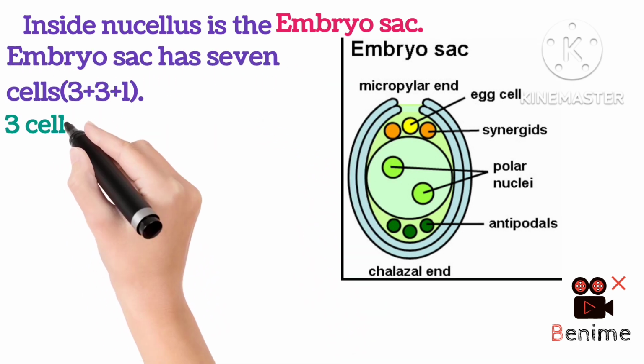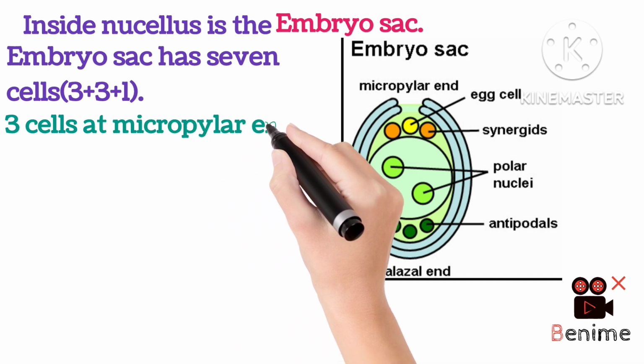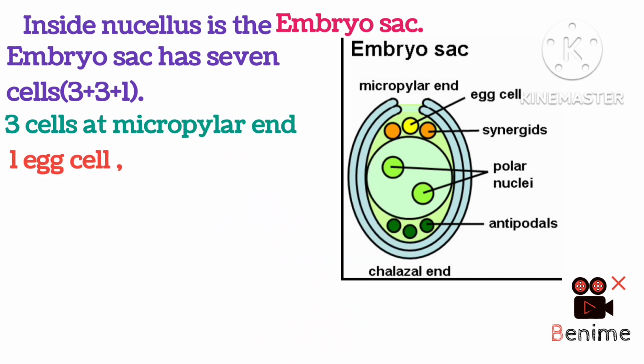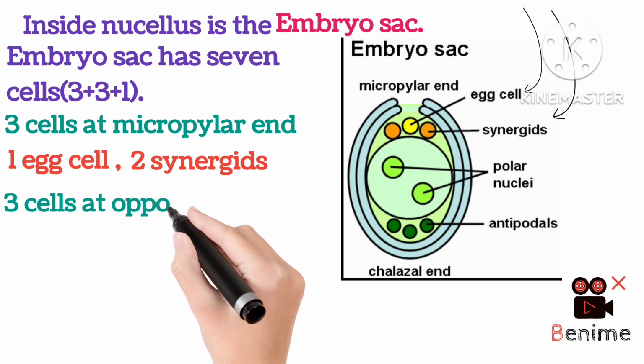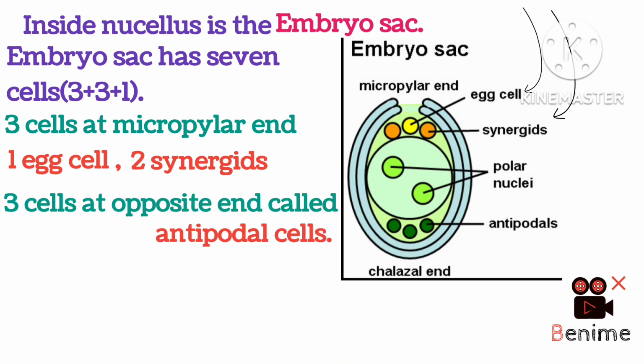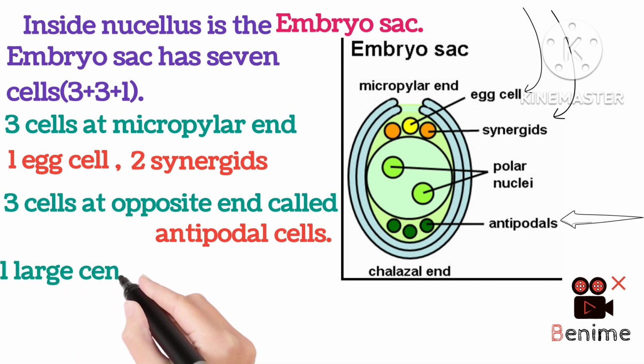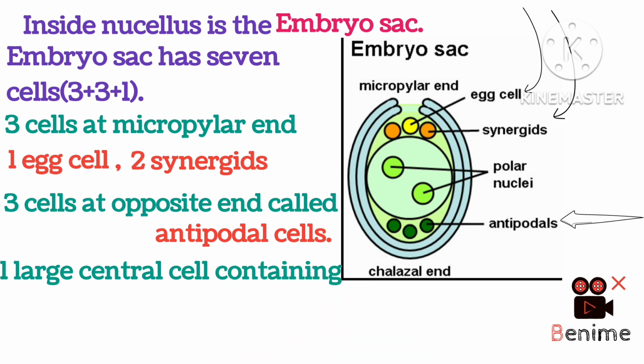It has 7 cells: 3 cells at the micropylar end, which are 1 egg cell and 2 synergids; three cells at the opposite end called antipodal cells; and 1 large cell in the center containing 2 polar nuclei.